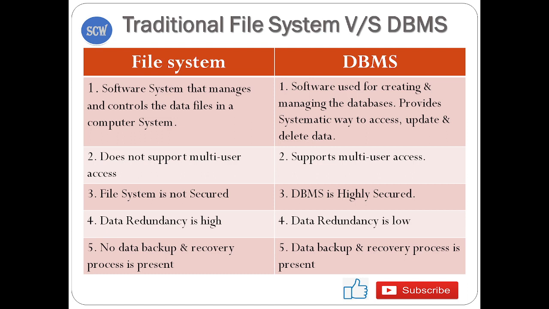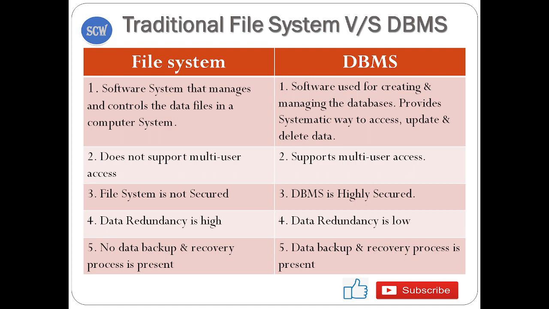So this is the drawback of the file system. To overcome this drawback, we have DBMS. DBMS supports multi-user access. Means DBMS maintains a server. In DBMS, we have a server. Every detail of each person is stored in that server and multiple users can access the same data anytime and anywhere. So this is the advantage of DBMS.